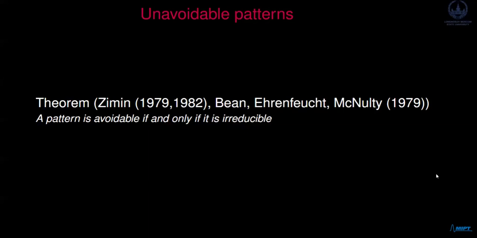So this means that a pattern can only be avoided in an infinite word if it cannot be reduced to a simpler and unavoidable form. If a pattern is reducible, it is inevitable that it will appear in sufficiently long words.